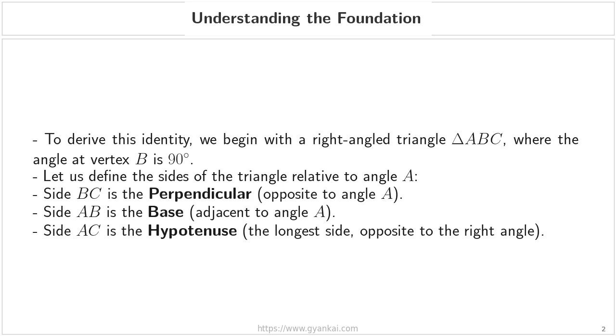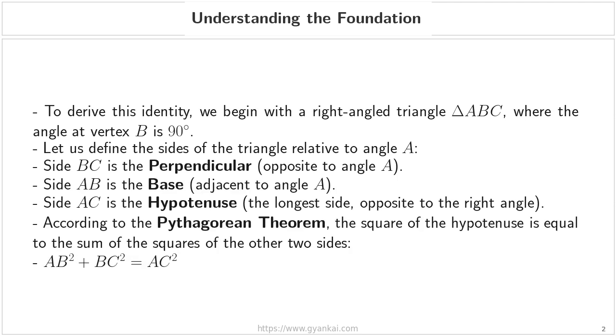To make our calculations clear, let's define the sides of this triangle specifically in relation to angle A first. Side BC is our perpendicular side, which is the side opposite to angle A. Next, side AB is our base, which is the side adjacent to angle A. Finally, side AC is our hypotenuse, which is the longest side, located directly opposite the right angle.